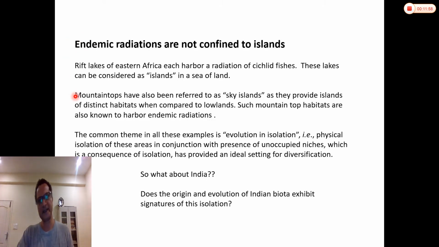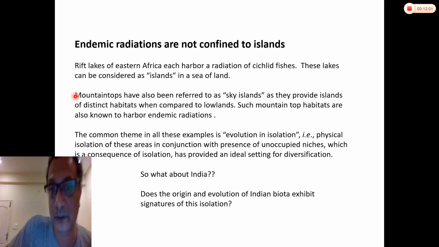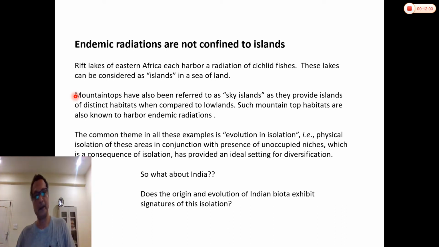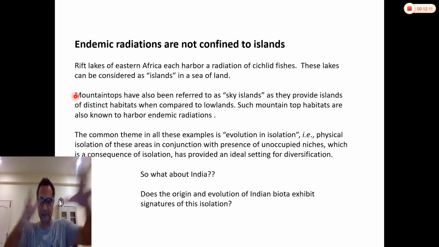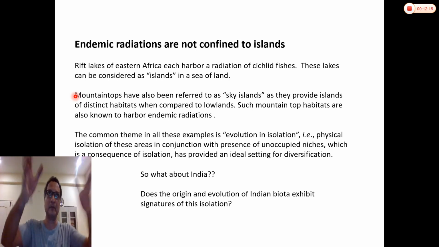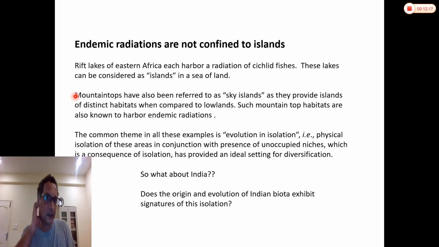Now, endemic radiations are not confined to islands, turns out, right? The rift lakes in Eastern Africa, these are lakes that are in the Rift Valley in Eastern Africa. Now, these lakes each harbor radiation of cichlid fishes.